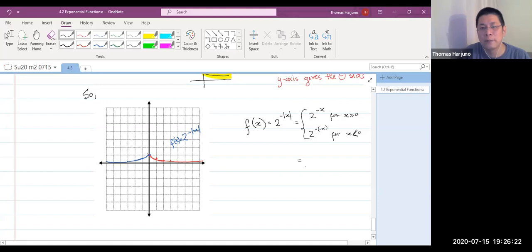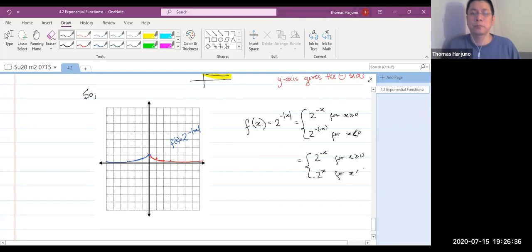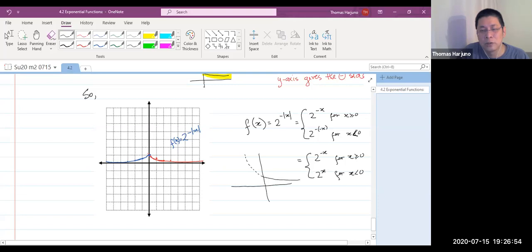Which if we simplify a bit, just for cosmetic purpose, the left-hand side is basically the graph of 2 to the x, but only the negative portion. So if you see that from a piecewise defined function, then the graph on the right-hand side is actually part of 2 to the negative x, but you only get the positive branch. And the graph on the left-hand side is actually part of 2 to the x, but we only take the negative branch.